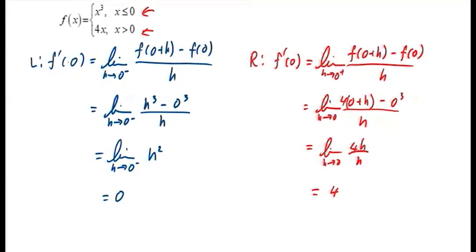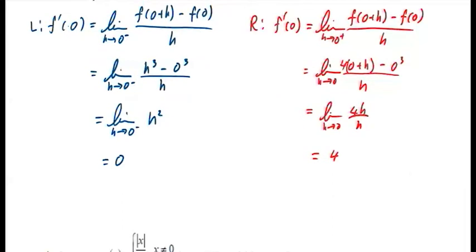Right? Left and right derivative don't agree with each other. So what's our conclusion? F prime of 0 does not exist. Because derivative is defined by this limit of difference quotient, and the limit must exist if and only if the left and the right limit agree with each other, and they don't.